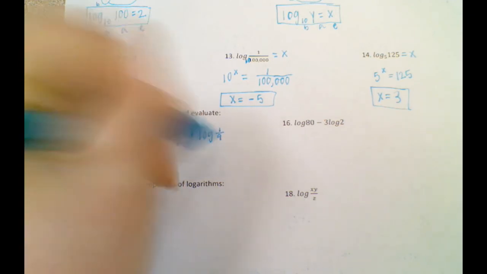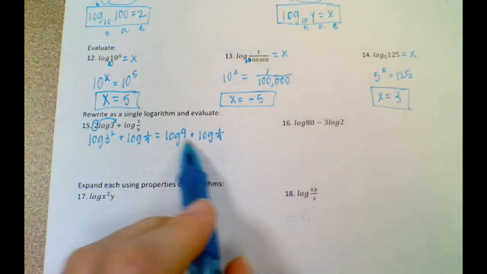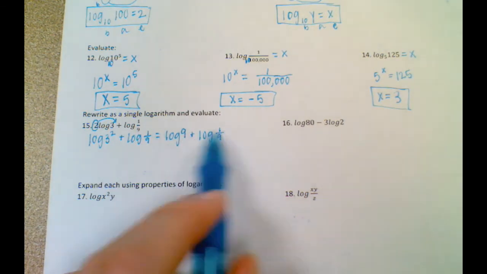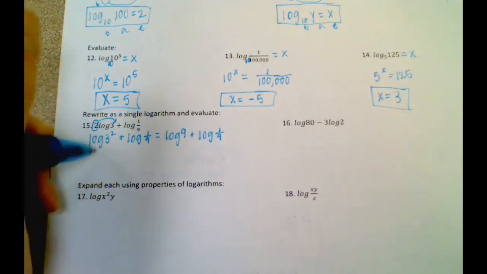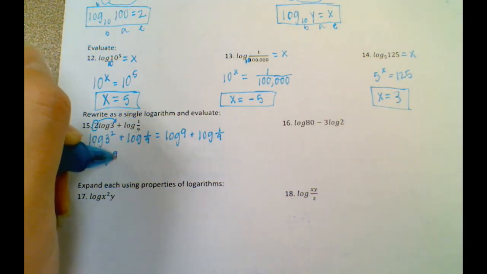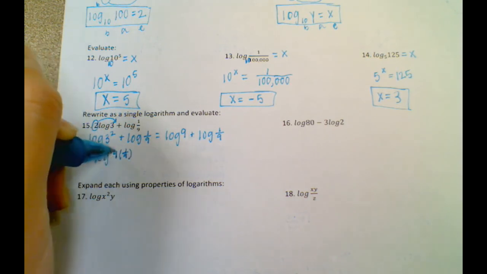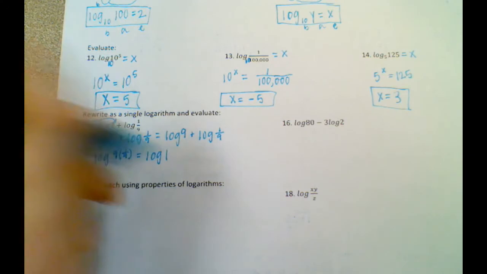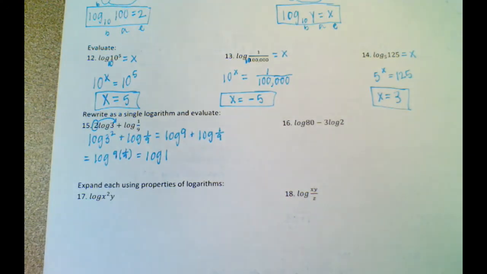Now, when you are adding logs with the same base, we can multiply these values, okay? So that is going to give us log of 9 times 1/9, which equals log of 1, all right?